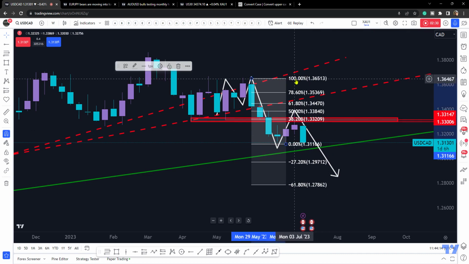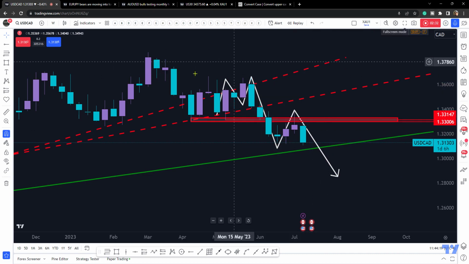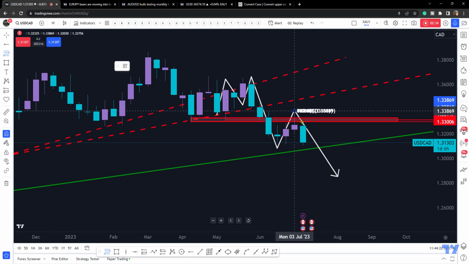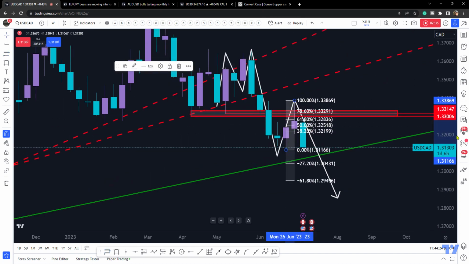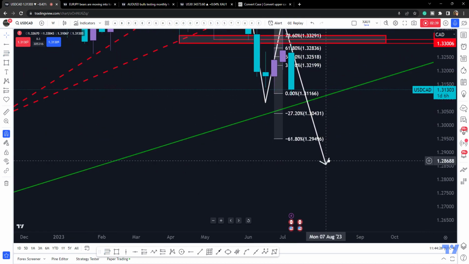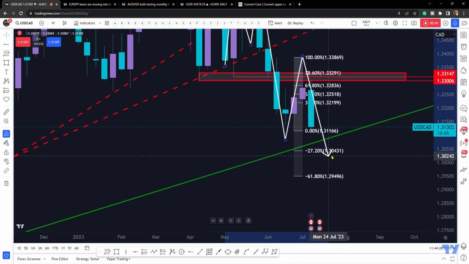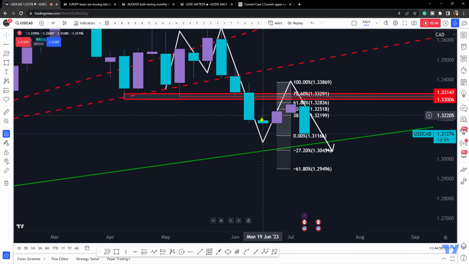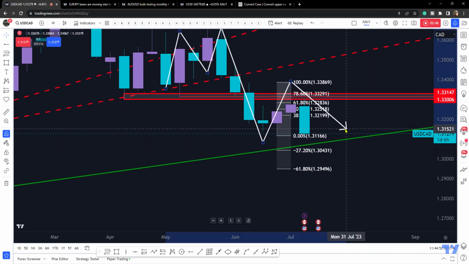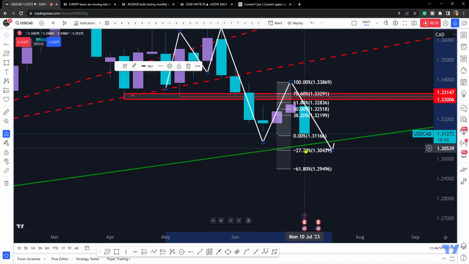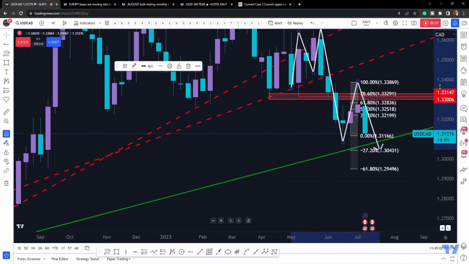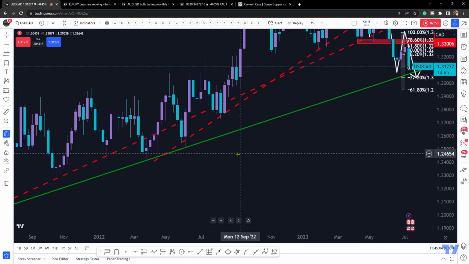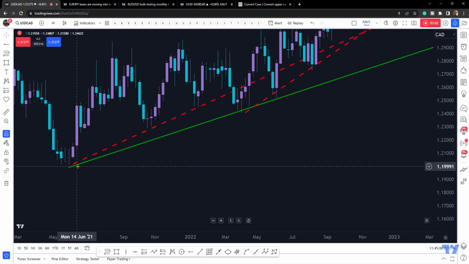If we measure the correction, we can see the minus 272 at 130.40 comes in line thereabouts with the trend line that we drew, the deepest trend line, marrying up those wicks.